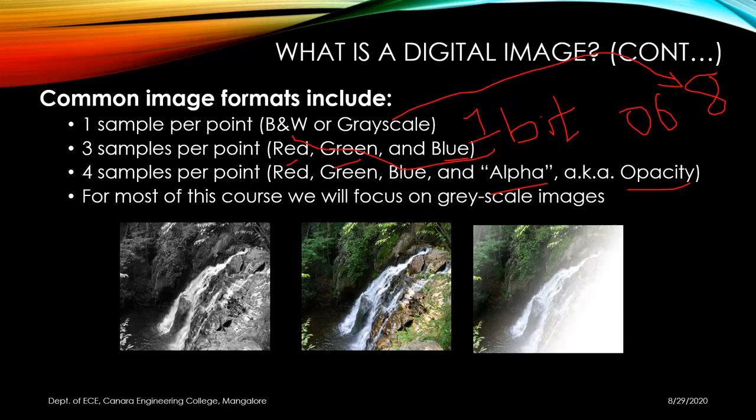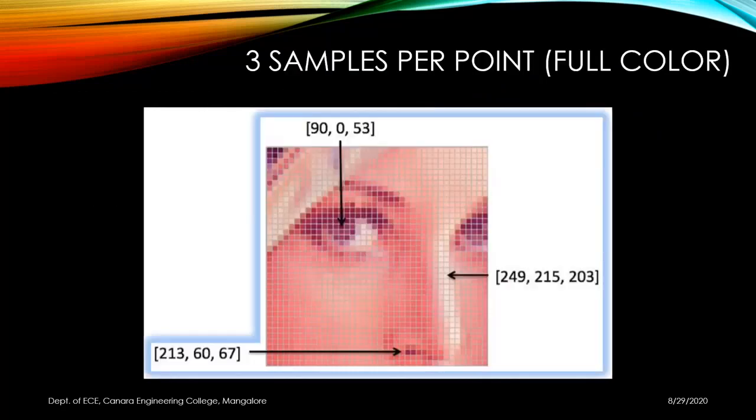So continuing with the 3 samples per pixel example, this is how it works. When you have 3 samples per point or per pixel, it's a full color image, and each value here is represented by 8 bits. So you can have a maximum value of 255 for each of these values.